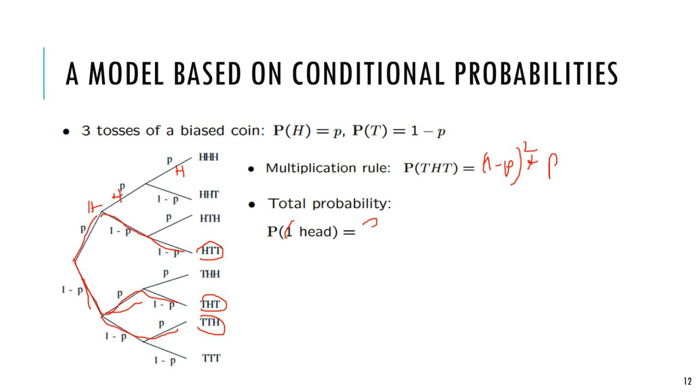So 3 is multiplied with each of these, which is 1 minus p squared multiplied by p.